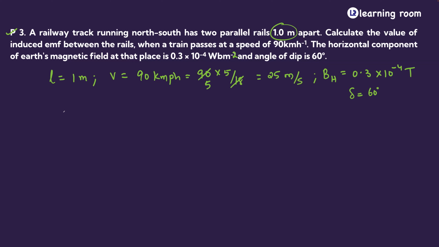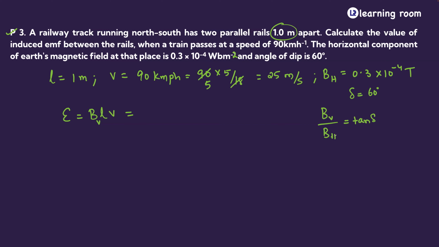Now, the EMF is equal to B into L into V. What is the value of B? This is the vertical component of the magnetic field. We know that the vertical component divided by the horizontal component is equal to tan delta.